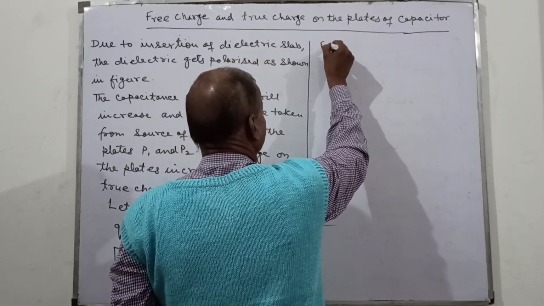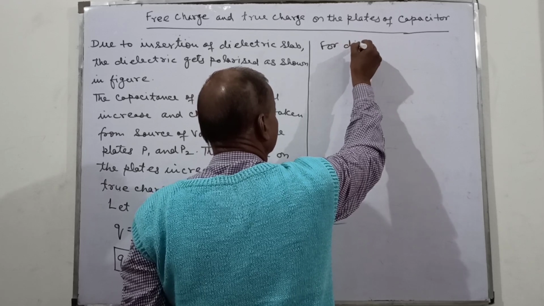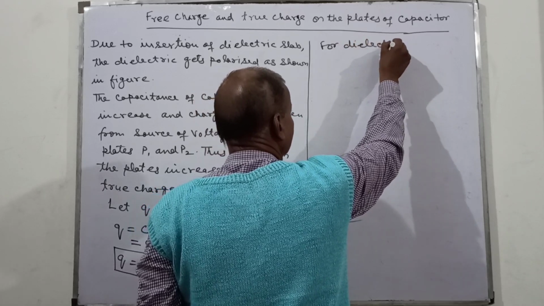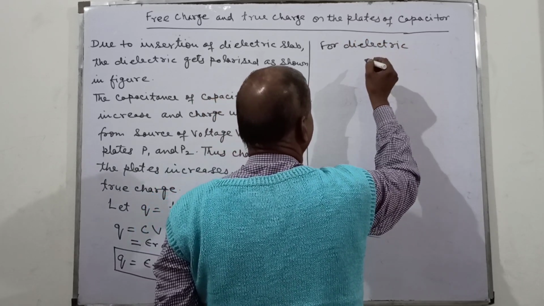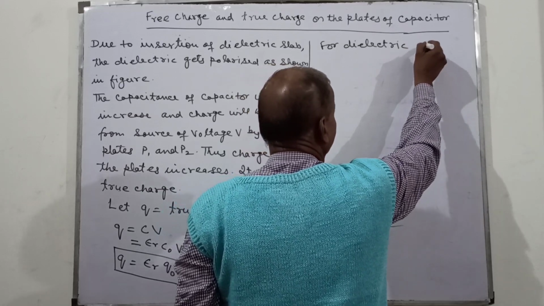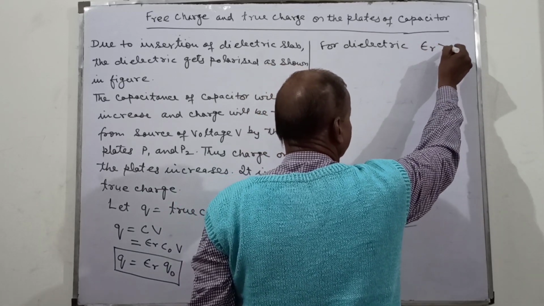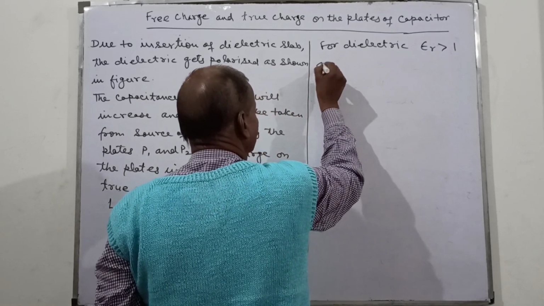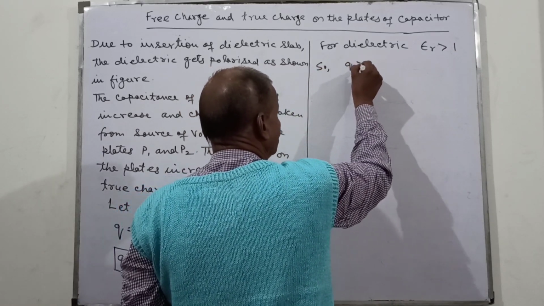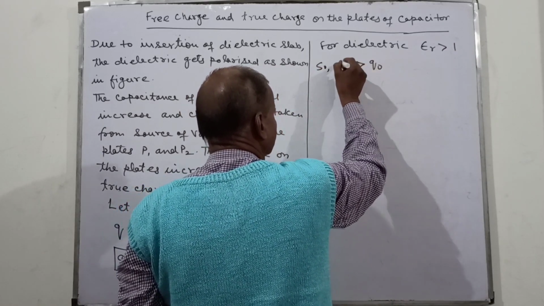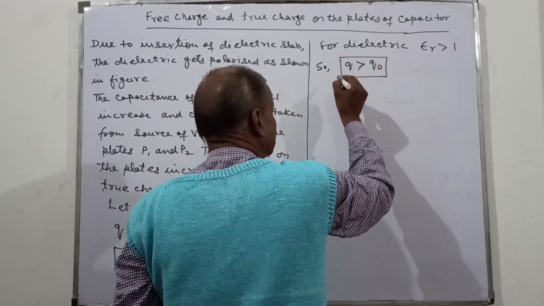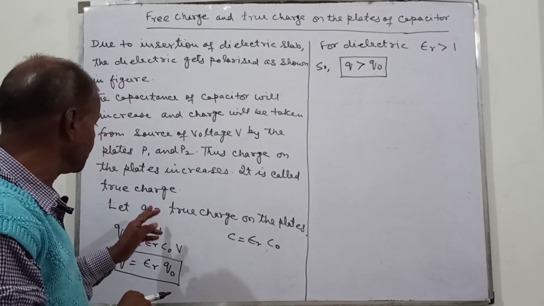For a dielectric, epsilon r is greater than 1. So this Q is greater than Q naught. Thus the charge on the plates increases.